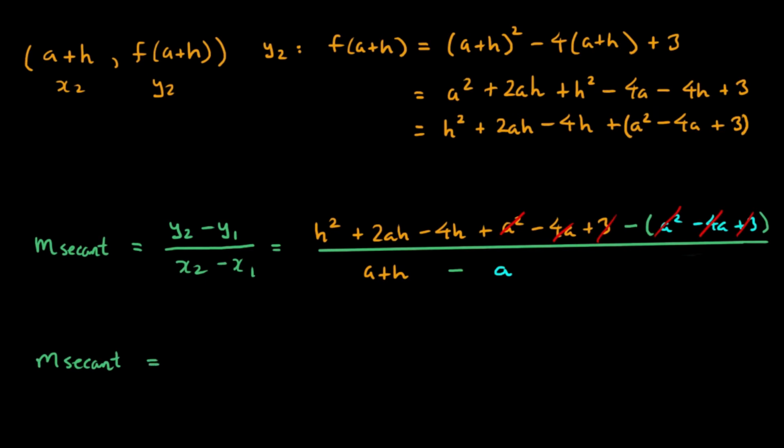So before we deal with that, let's just rewrite this one last time. We'll have h squared plus 2ah minus 4h all over just h. I can cross off those a's. I'm pretty sure you recognize that a minus a is 0 on the bottom. And remember, this is our rise over run for our secant slope.